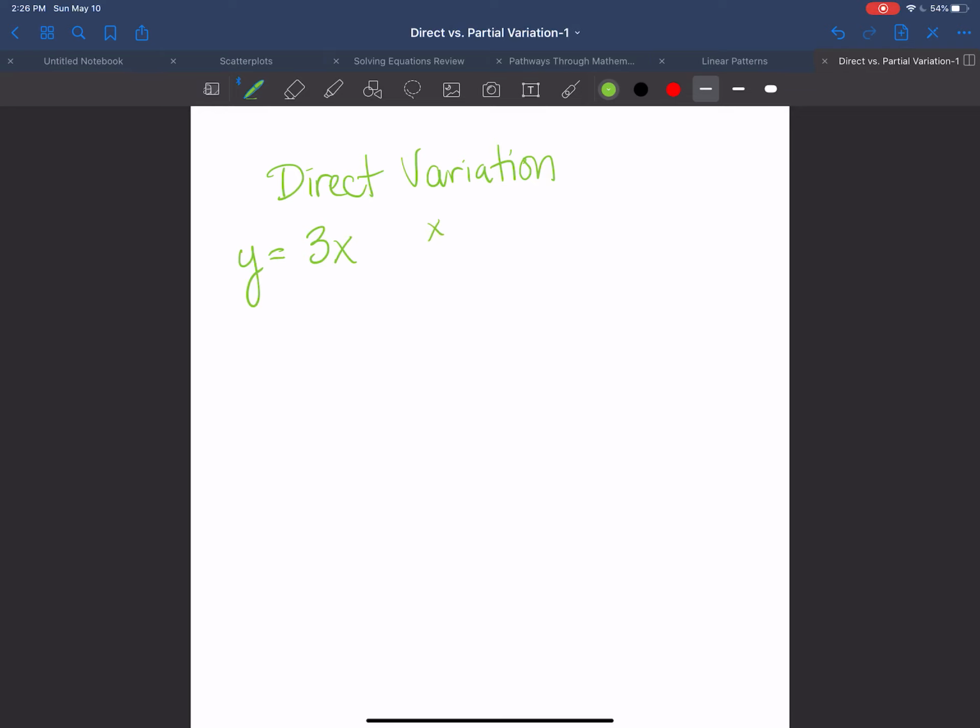In your table of values, you would have 0, 0. Now the rest of it doesn't matter. It could be something like that. But as soon as you have 0, 0, it's direct variation. And your graph would go through the origin.